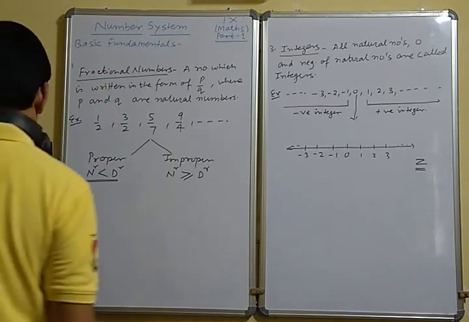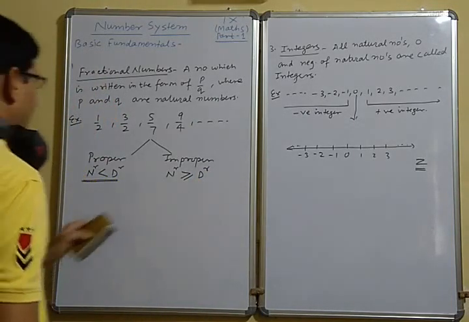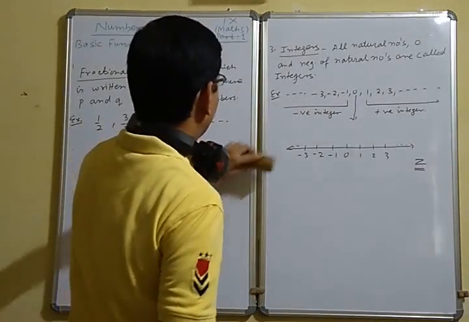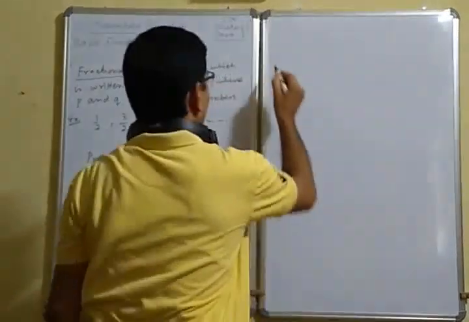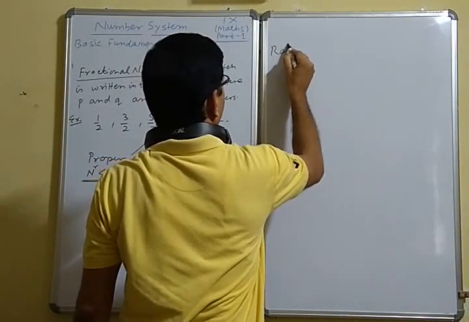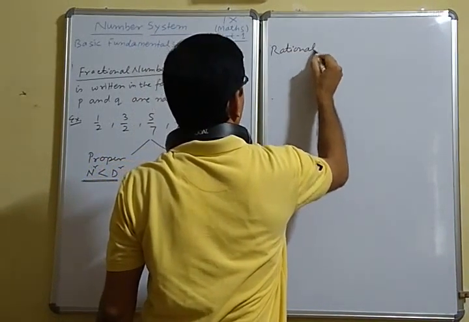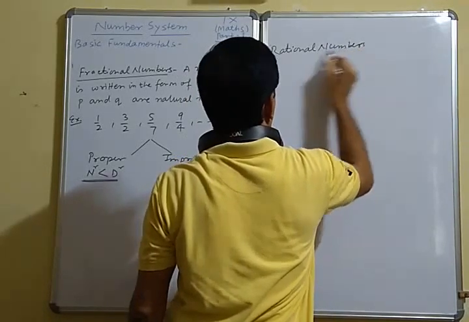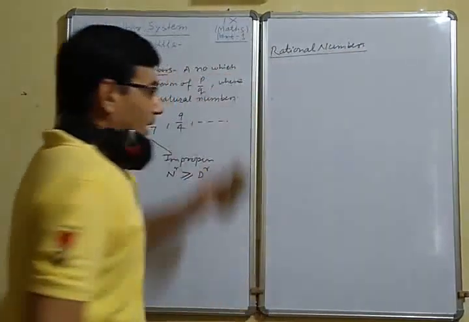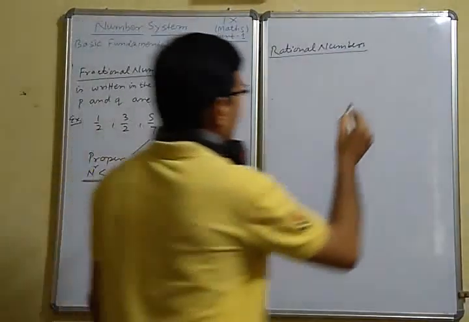Now the next number is rational numbers.